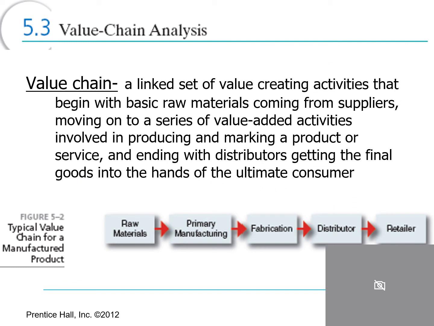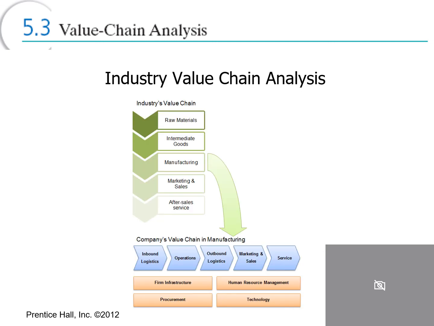And the next important topic is the value chain. That is the linked set of value creating activities. Remember that when we discuss this topic, we have the industry value chain and we also have the company value chain. So here is the industry value chain and the linkage of them to the company value chain.